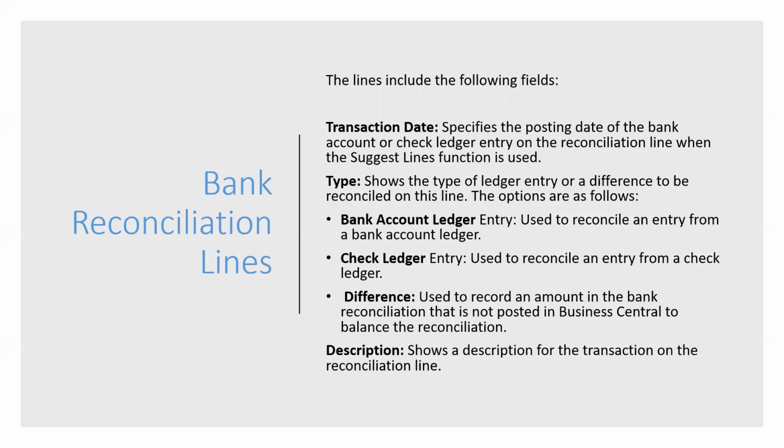Let's remember that on your bank account in NAV, for those of you who have not used this module yet, you have your regular deposits and cash receipts or your payments, and you could also generate a second check ledger to review specific checks that you might have in your different books. And last but not least, we have differences, used to record an amount in the bank reconciliation that is not posted in Business Central to balance the reconciliation.